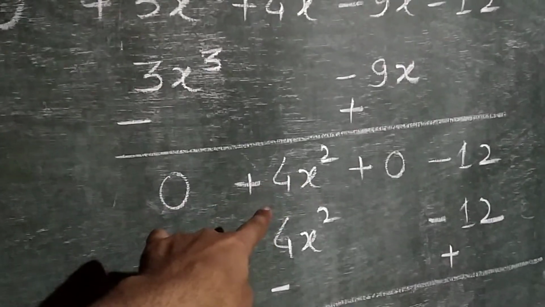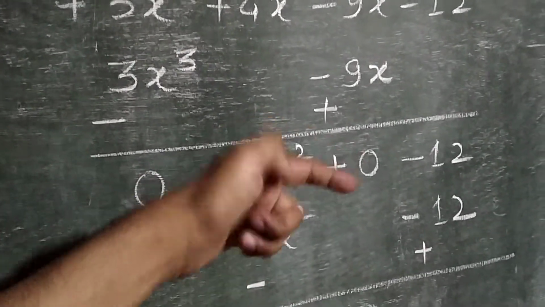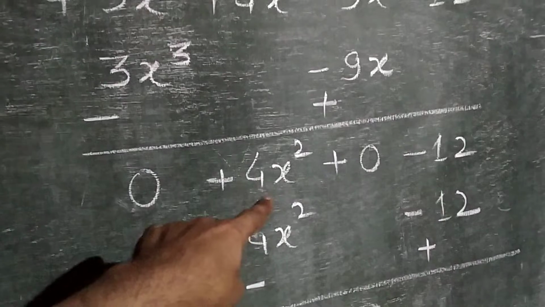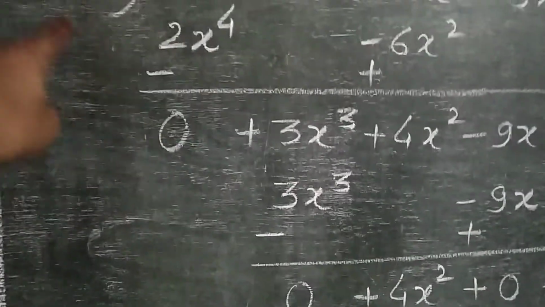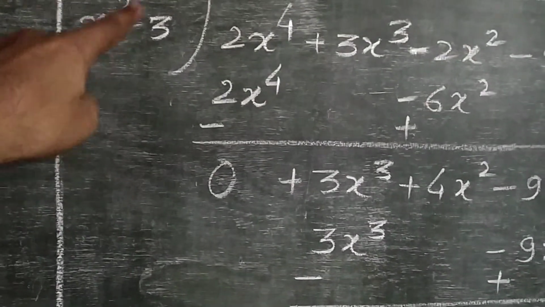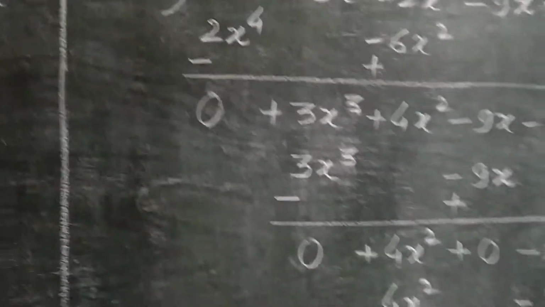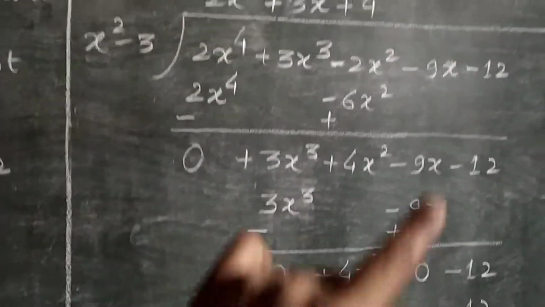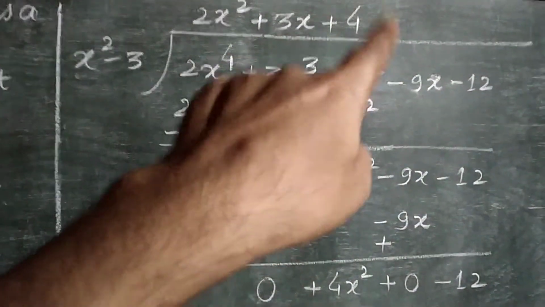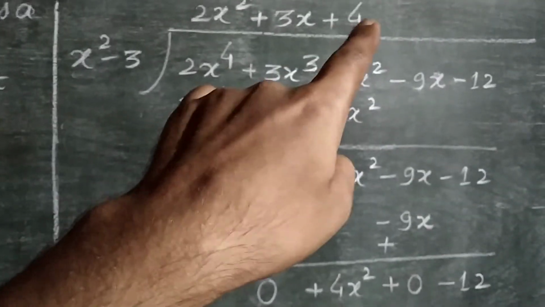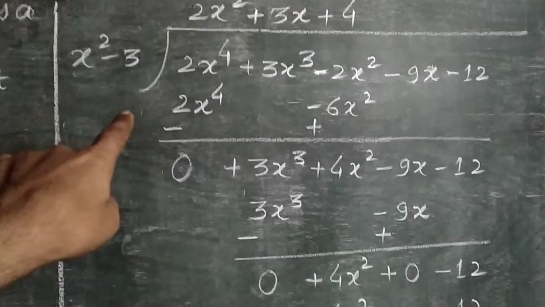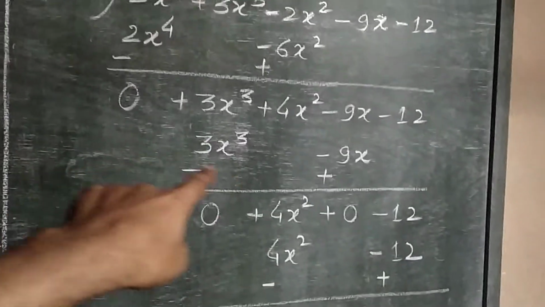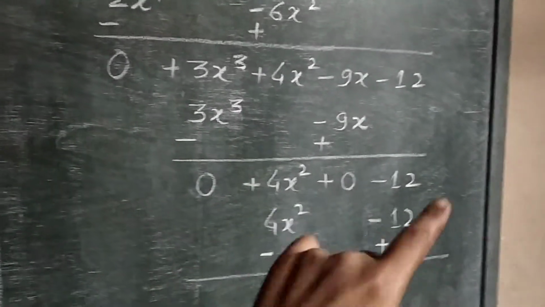Now this remainder we will treat as the new dividend. So 4x square is the highest order term, and the highest order term of the divisor is x square. So we will divide 4x square by x square. We will get 4. So 4 will be the new term of the quotient. So now multiply 4 with x square minus 3. What will we get? 4x square minus 12.